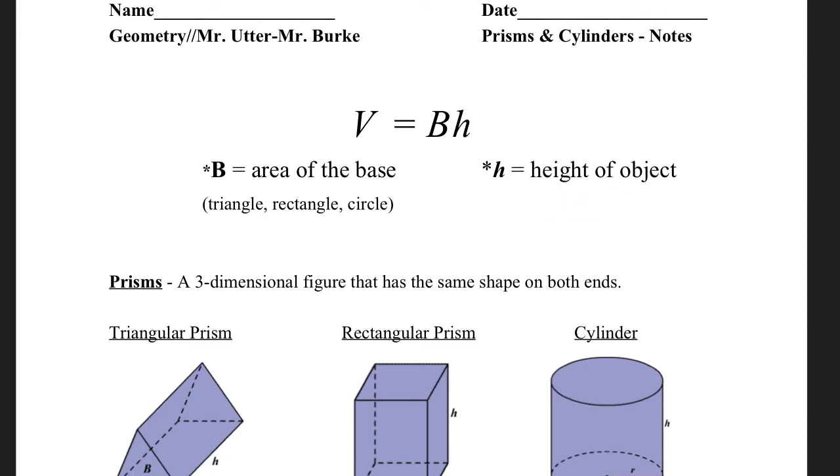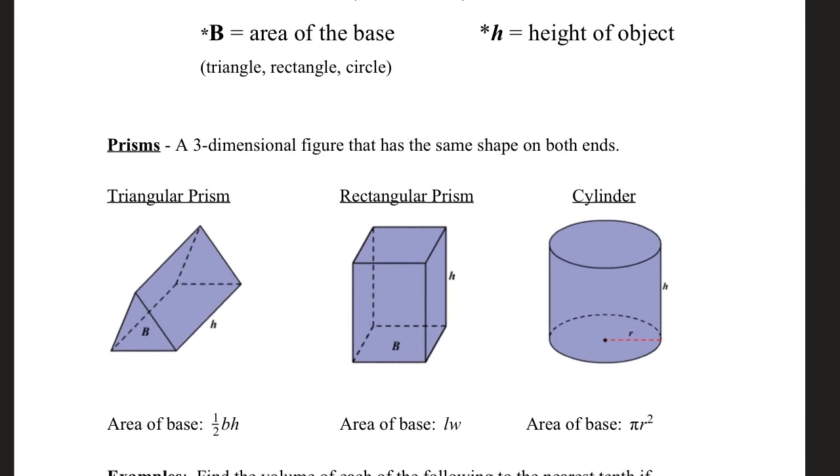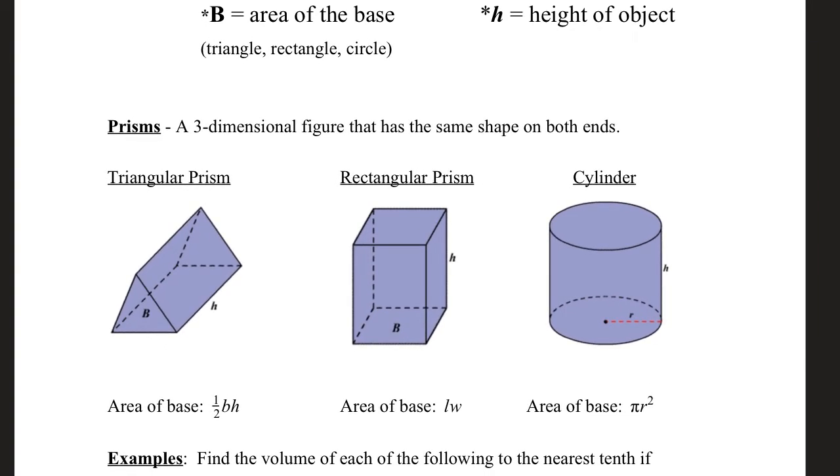So let's take a look at prisms here. So first of all, what is a prism? Well, a prism is a three-dimensional figure, and when we refer to three-dimensional, that means it has not just length and width, but it also has depth, which in this case we call height.